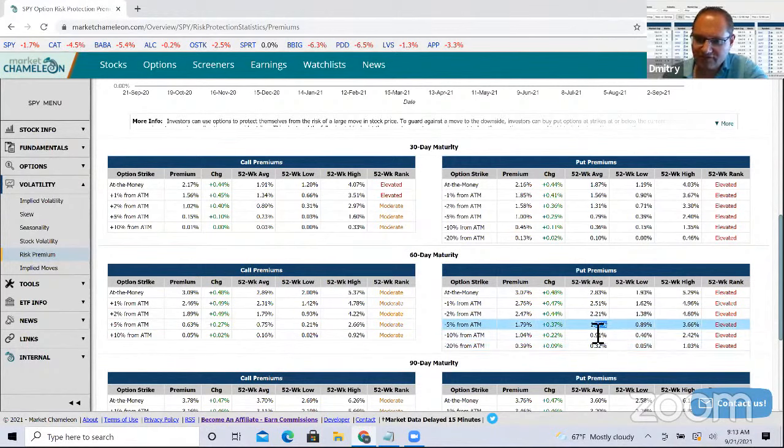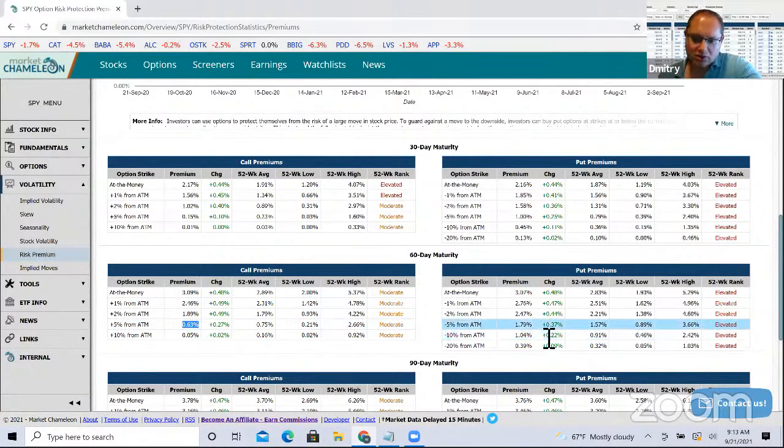So here, a 5% out of the money put usually on average is 1.57%. So we see we're above that, 1.79. And on average, the call premium is 0.75%. So we're below that.